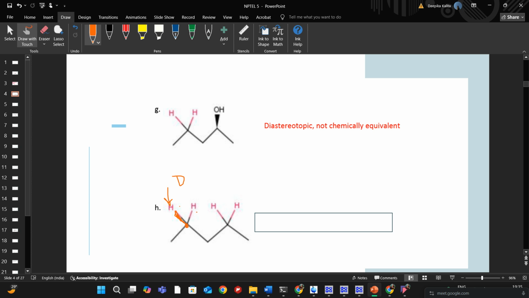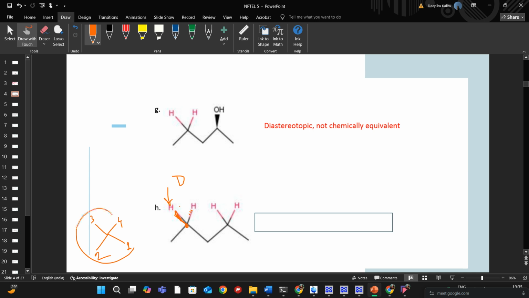Okay, so in this case, the first priority group will be here, the second one will be here, the third group will be here, and the fourth group is going to be here.